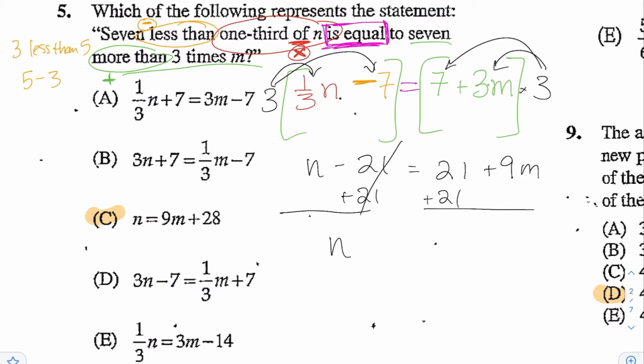That will give you n is equal to 42 plus 9n. And here we see that it looks kind of like choice C, but it's not, so that's not it. So there's definitely a typo somewhere in here. None of the other choices match.